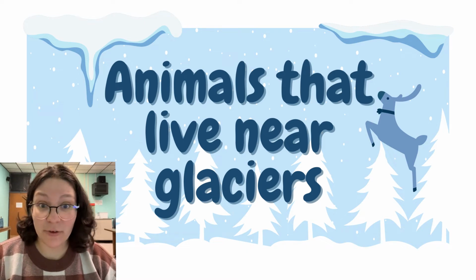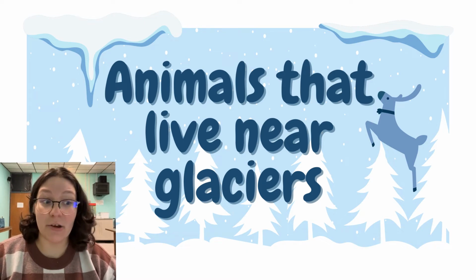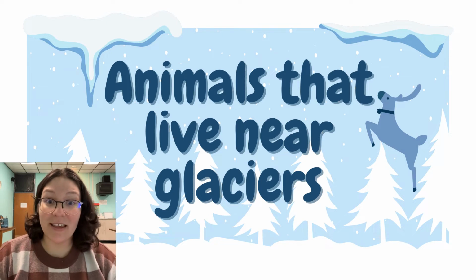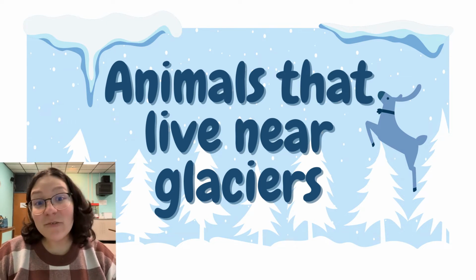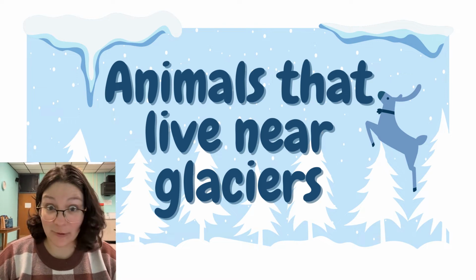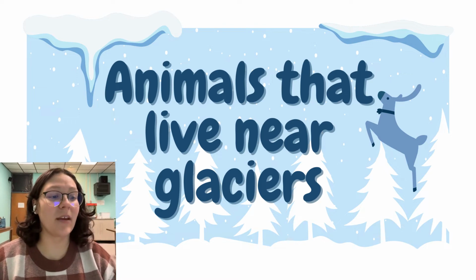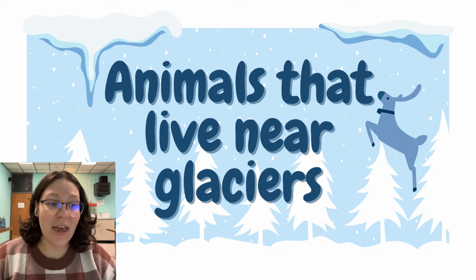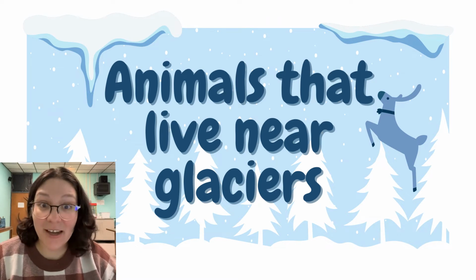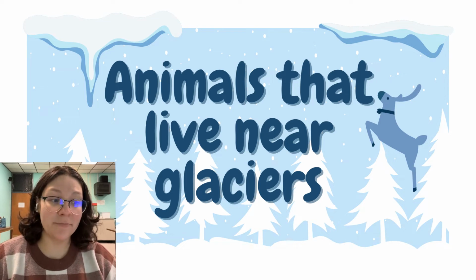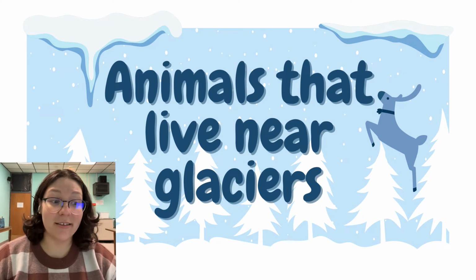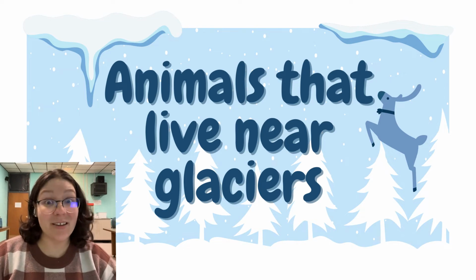But there are also different kinds of predators that live near glaciers. We have things like grizzly bears and polar bears and cute fuzzy snow leopards and wolverines. And so all of these animals and many more rely on glaciers to beat the heat and survive. And as glaciers melt, the land they live on gets smaller and smaller.